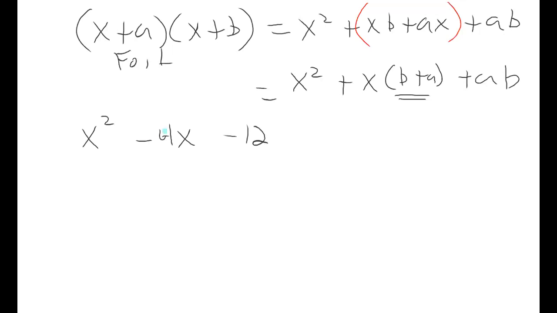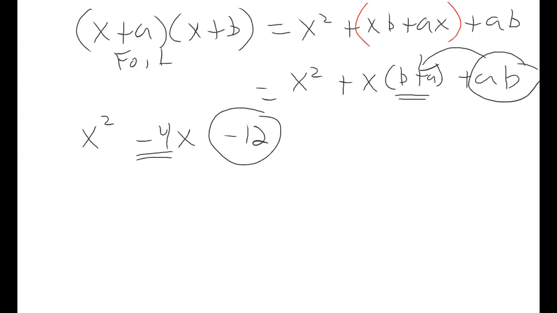That is an ugly 4. Let me clean him up. All right. So notice here, my last term is multiplying the sum of these two terms, right? So if I ask myself, what is a product of negative 12 that will sum to negative 4, right?